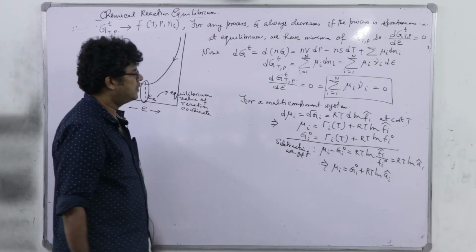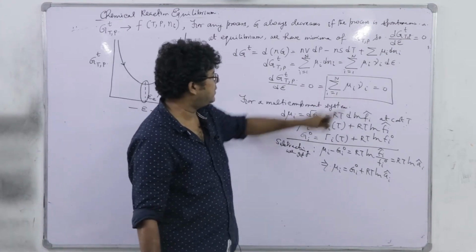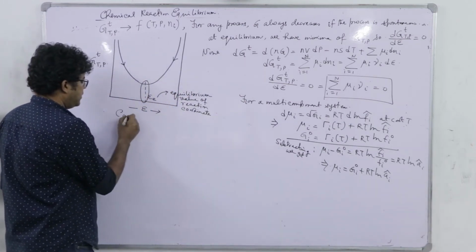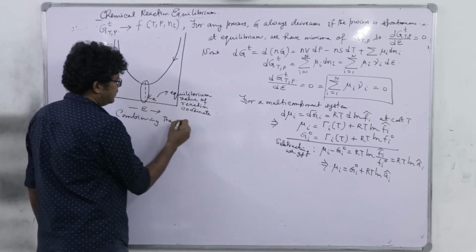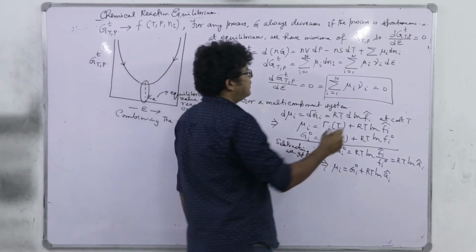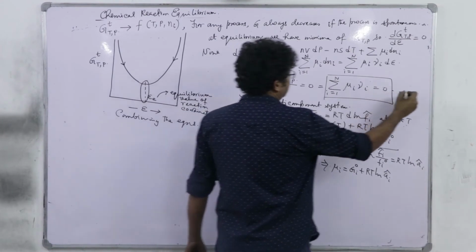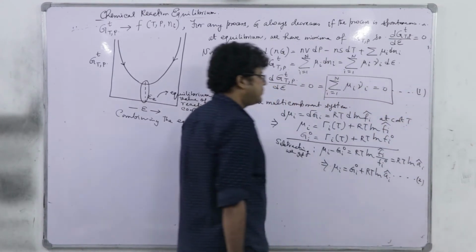Now see, we will substitute this expression of chemical potential here. Let us say this is equation 1 and this is equation 2.